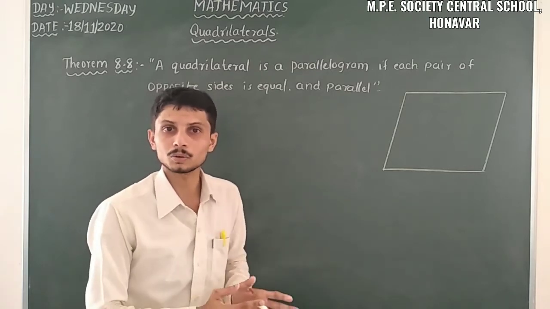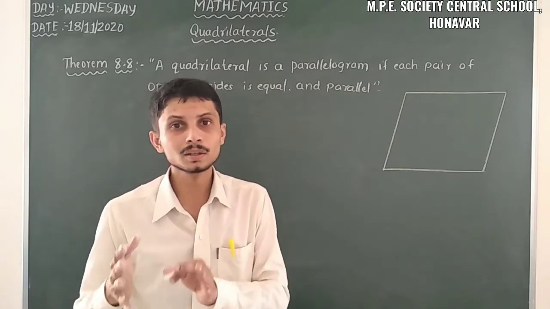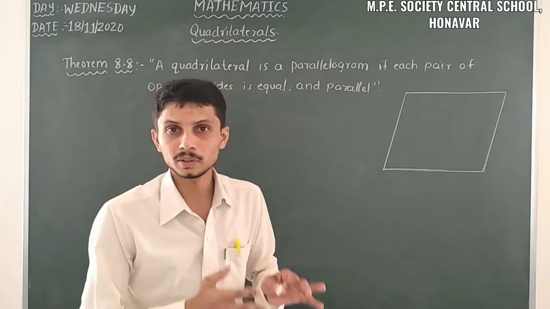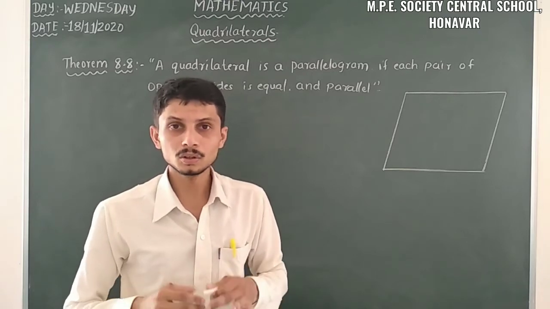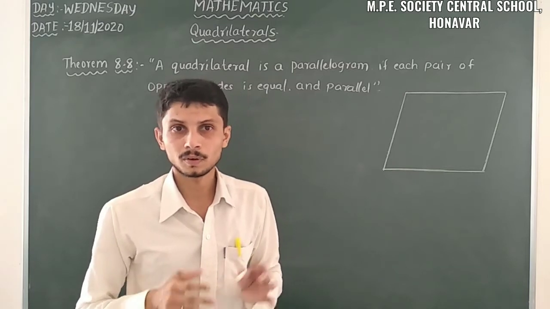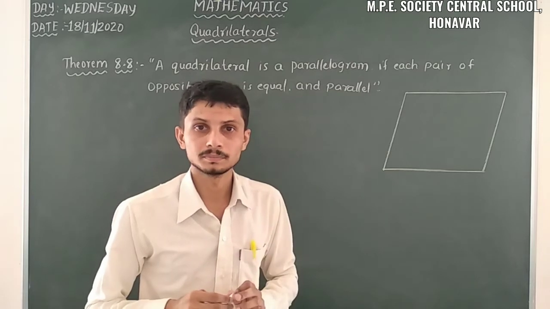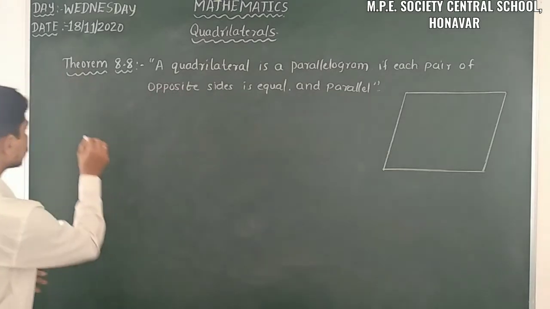So that one we have to prove here. For that proof we have to take the known things and some constructions. Firstly we have to write what the given terms are. So let us take the given.